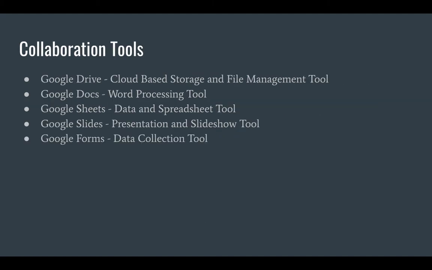So the basic collaboration tools that you'll have access to, and each one of these five things here does have a video that goes more in depth on each one of these things. So you'll have access to Google Drive, which is your cloud based storage and file management tool. So think of it as your online file cabinet where you'll have access to your drive, where you author and create and organize.